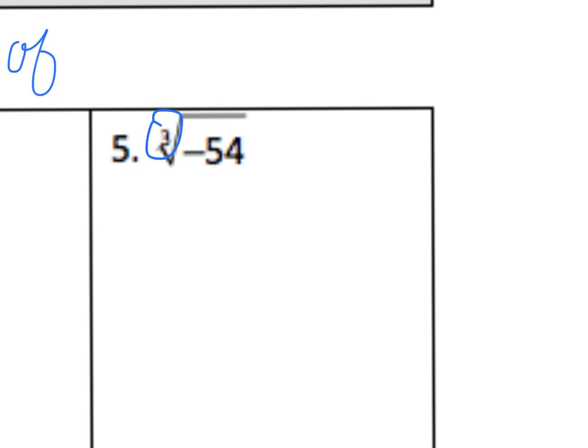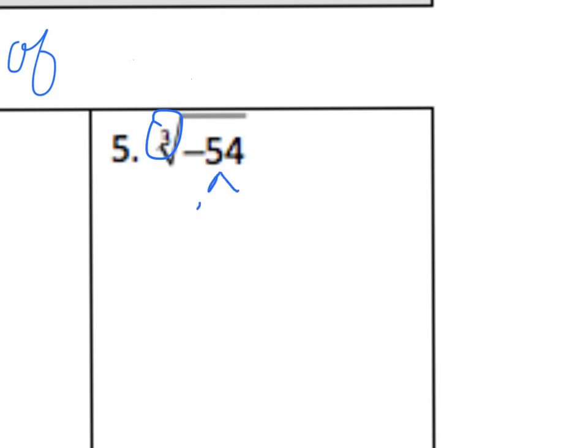So if I'm trying to multiply 3 numbers to get a negative number, remember a negative times a negative times a negative will equal actually a negative number, because a negative times a negative is a positive, and then a positive times another negative is going to equal a negative again. So a cube root of negative numbers are always going to be possible. You're going to be able to do them. Okay? You're going to break them down the same way that you did with the square roots.